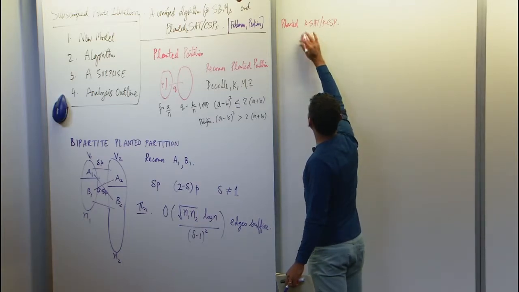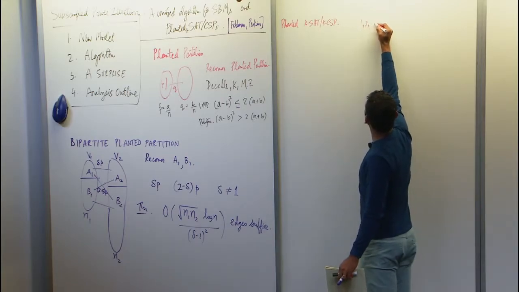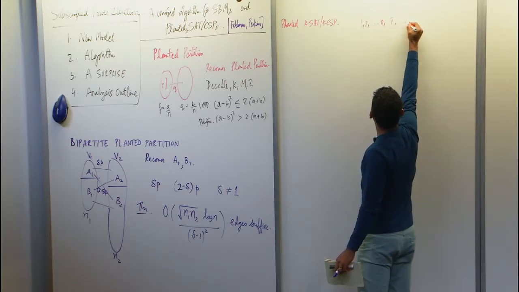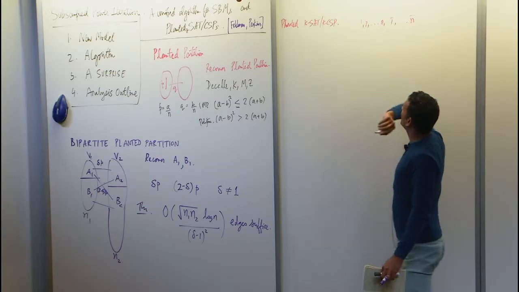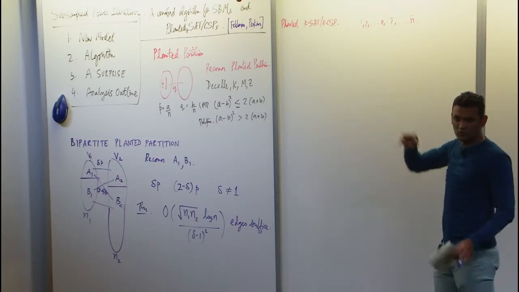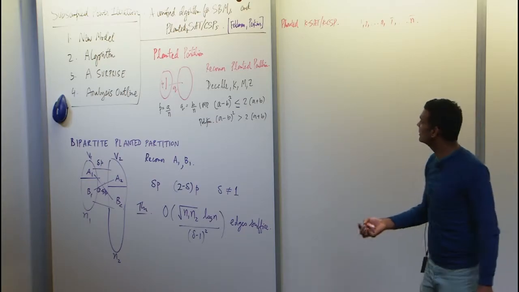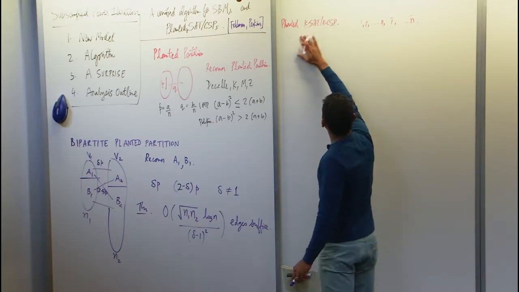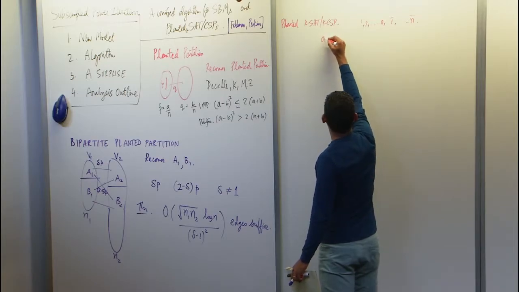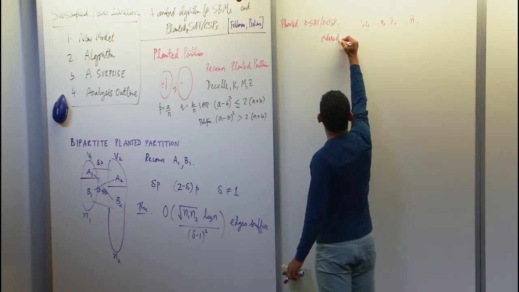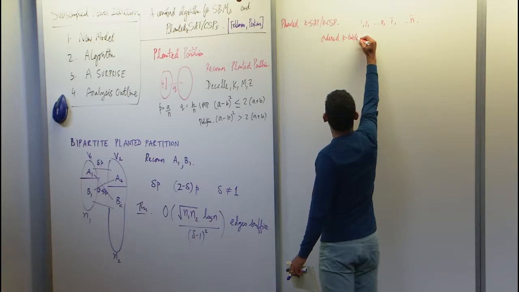The literals, I just index them 1, 2 to n, and 1 bar to n bar. And a clause, so it's going to be a satisfiability problem. You get a bunch of clauses, and you want to find a satisfying assignment. Clauses are just ordered k-tuples of literals.